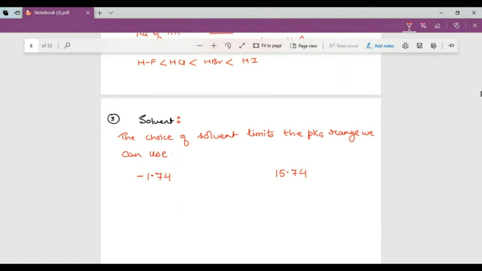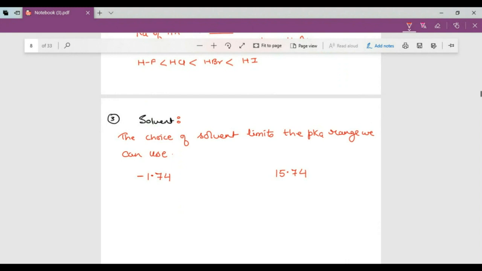Now, what happens if I take something more acidic than water? The strongest acid in water is H3O plus, and the strongest base which can exist in water is OH minus. This is my range. If anything stronger than H3O plus is introduced in the medium, it will start making water act as a base.